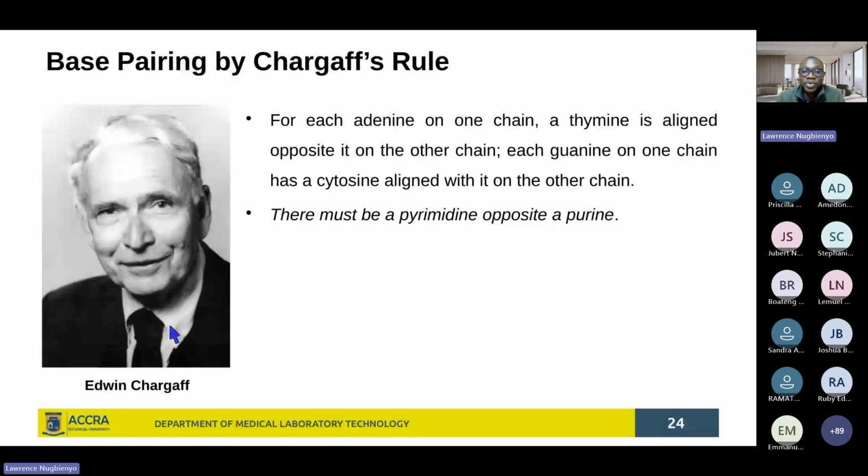One of his works demonstrated that when you take a DNA fragment, the amount of adenine present in that fragment is equal to the amount of thymine present in that DNA strand. And similarly, the amount of guanine is equal to the amount of cytosine present in that fragment.